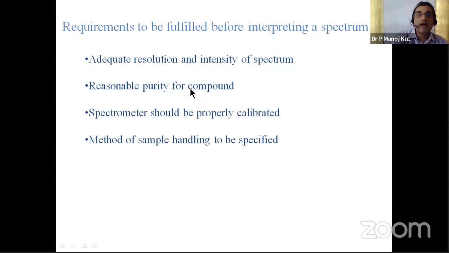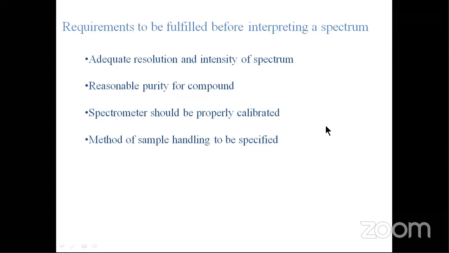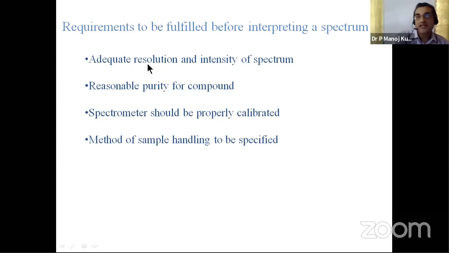The compound should have reasonable purity. The spectrometer should be properly calibrated, and the method of sample handling should be specified, because that is very, very important. So if you take care of all these four things, then you can be sure that you will get a very good spectrum for the compound. So what are the four things that are very important?